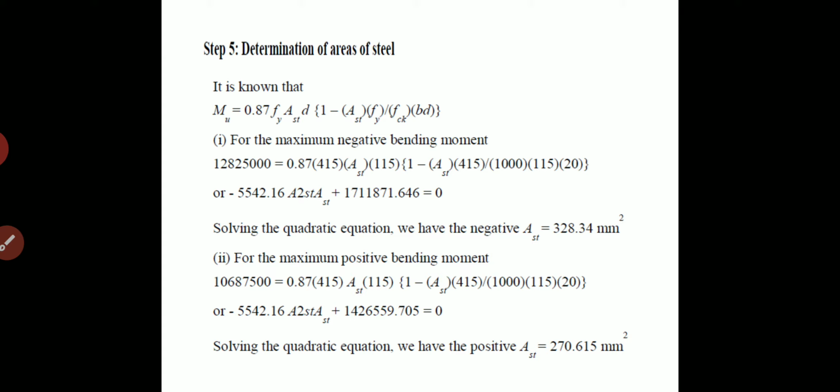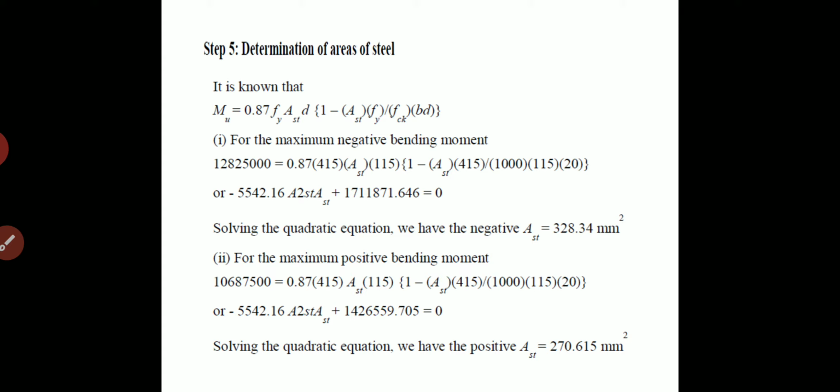Solving the quadratic equation, we have the negative AST equal to 328.34 mm square.